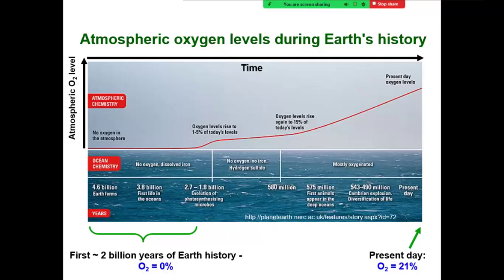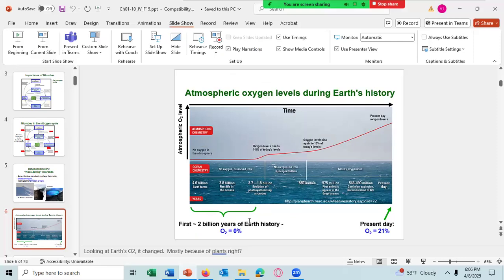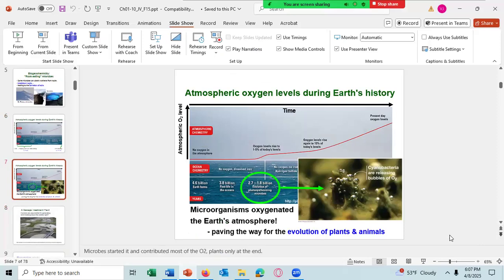Once again, showing you the importance of microbes, first making oxygen in the Earth's atmosphere, and even today making about half of it. Any question about any of that? Oh, there are the first microbes making oxygen, which bubbled out of the water and went into the atmosphere.